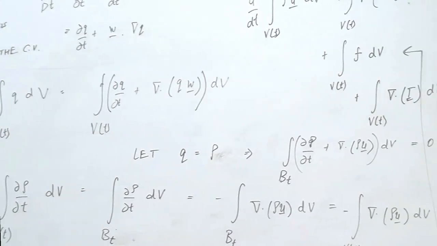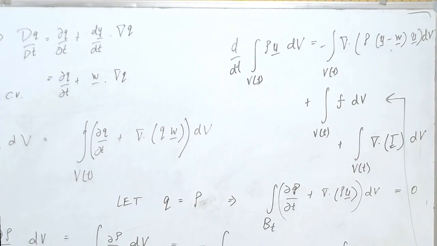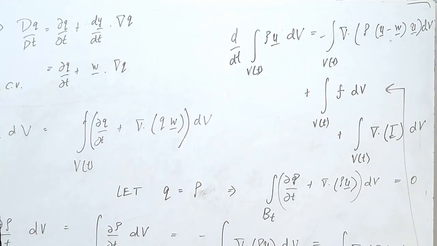So we will use this to derive, or to see what we can get for, the kinematic and dynamic interface conditions. We will use a control volume that is moving with the interface.